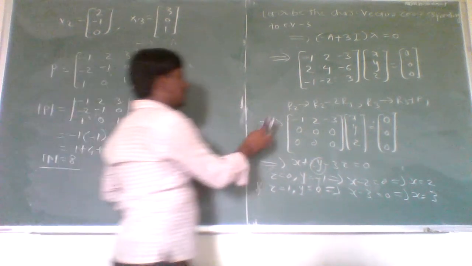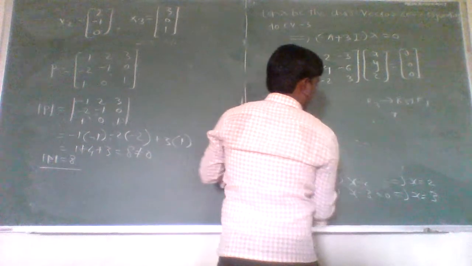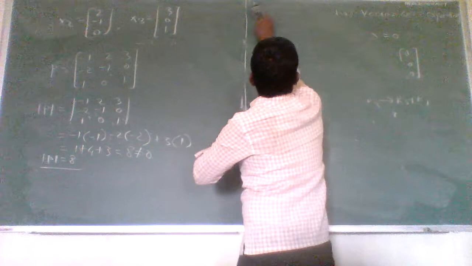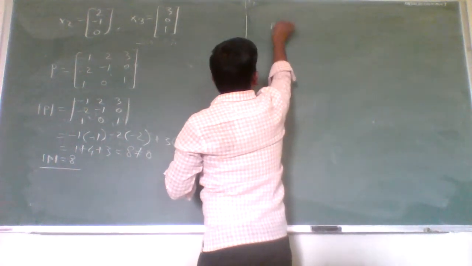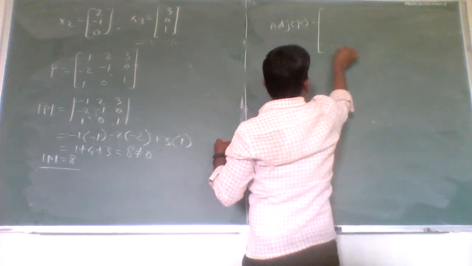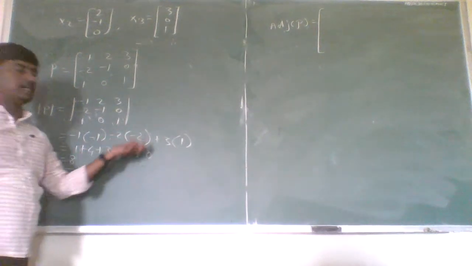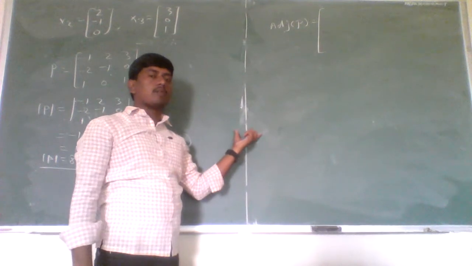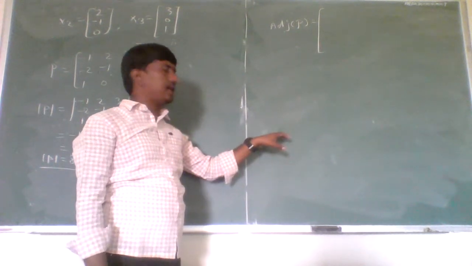So first we have to find the adjoint of matrix P. That is, we first find the minor and multiply it by minus 1 to the power i plus j. If we have to find the cofactor of element Aij, then the cofactor is the minor of Aij into minus 1 to the power i plus j.